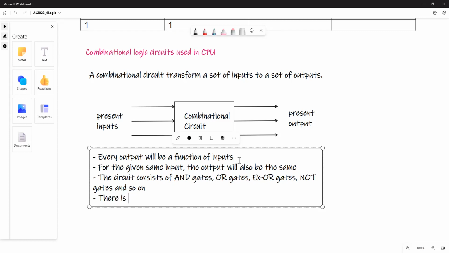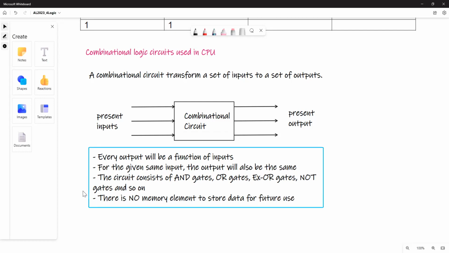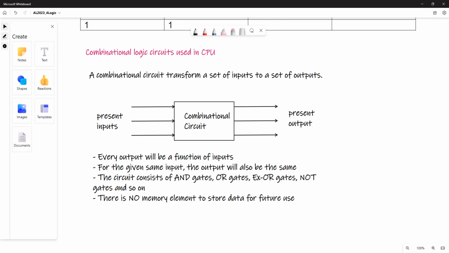There is no memory, because we are going to discuss memory later. Right. So these are the things we should know before we proceed.